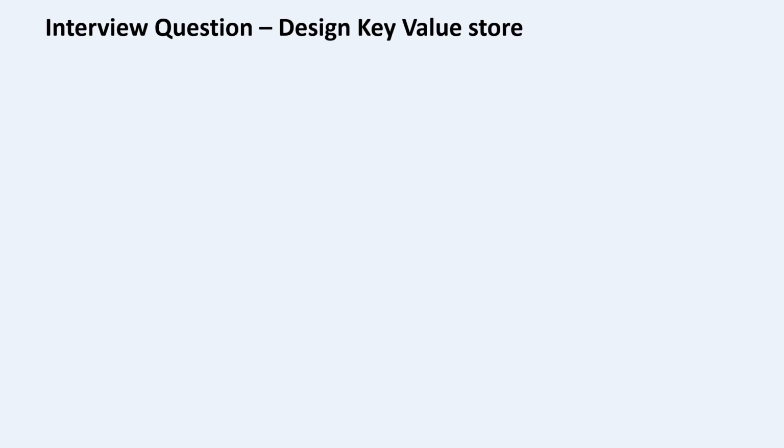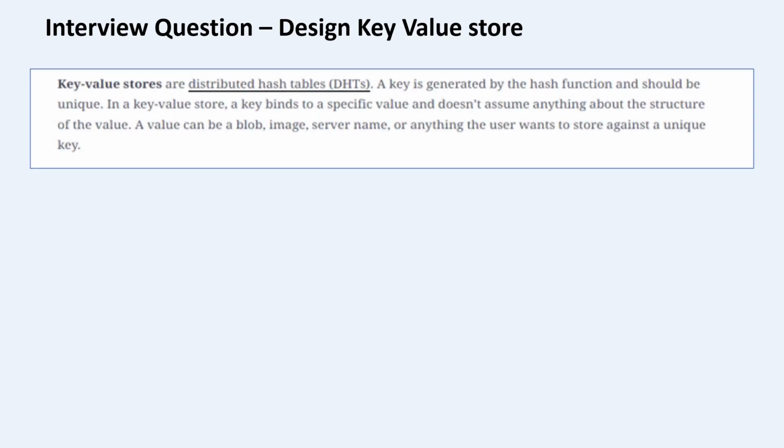So to understand key value store, it has two things, right? Key and value. So key is something which is unique for a key value store, and the key can take the value of integer, string, but also you can utilize hash tables, and you can generate keys using hash functions as well.